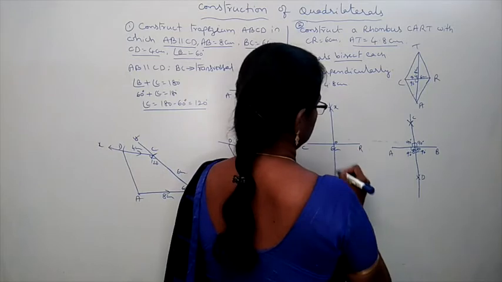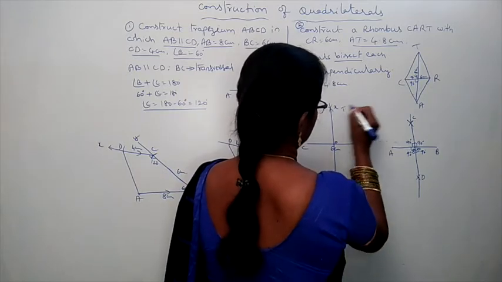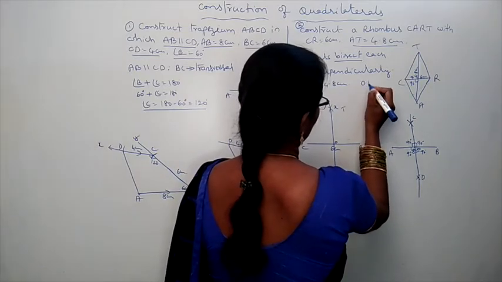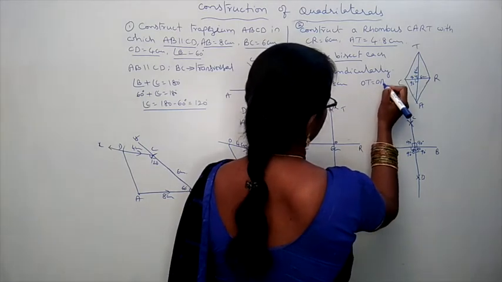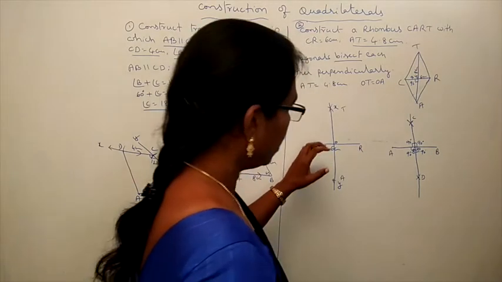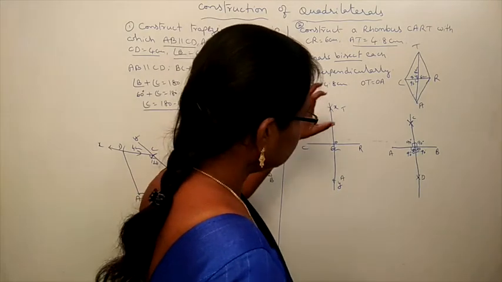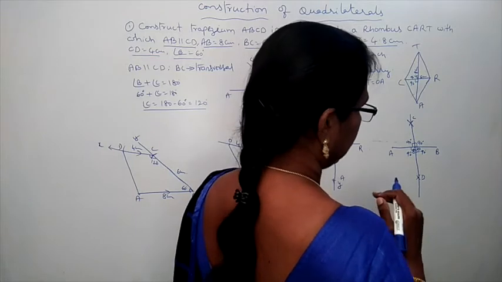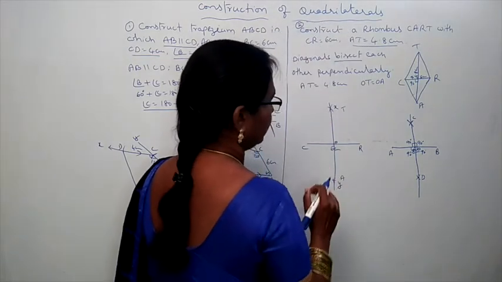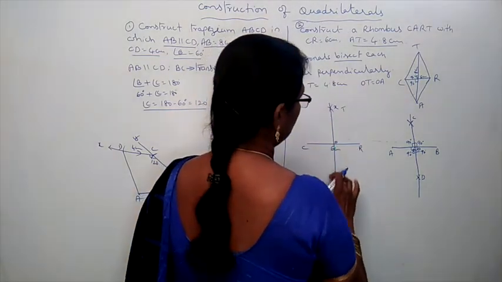Suppose this is A. OT is equal to OA, because the diagonals bisect each other. Bisect means exactly two equal parts.